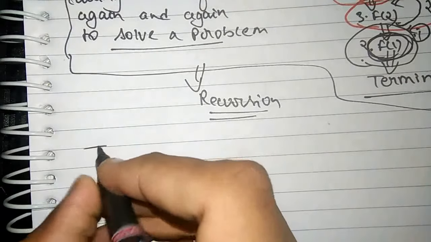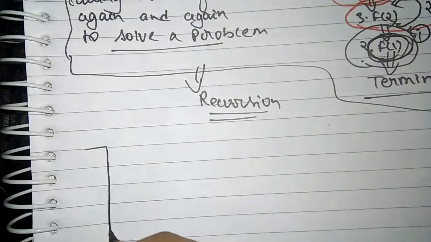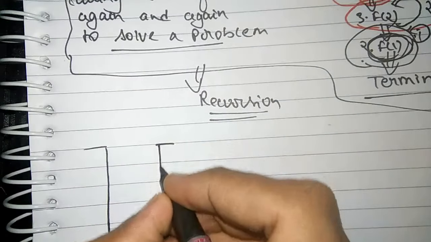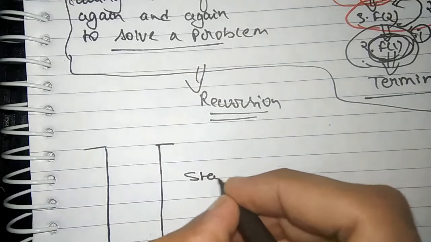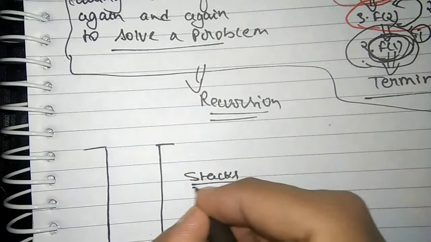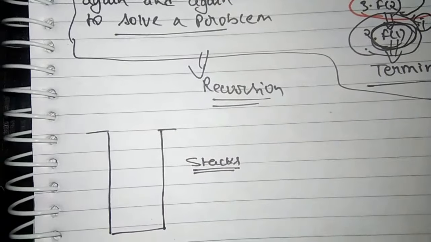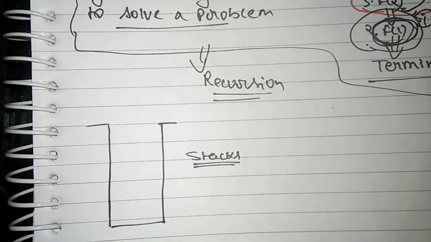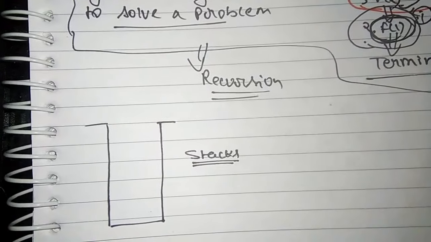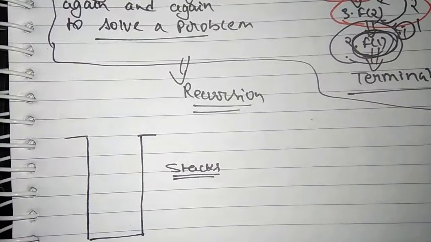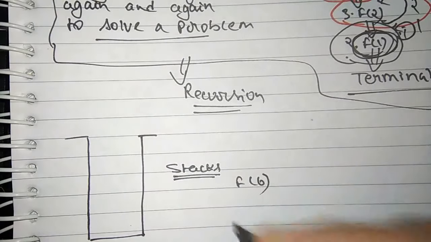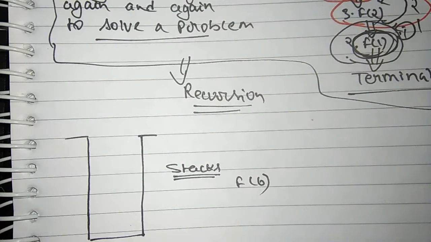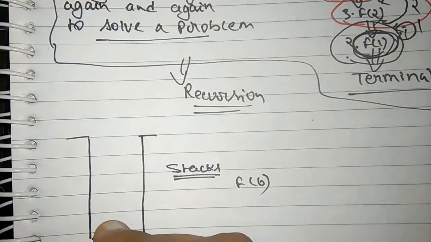Recursive programs require stacks. Recursive function calls are stored in the stack. Alright. We calculated the factorial of 6, right? To find the factorial of 6, we required factorial of 5.